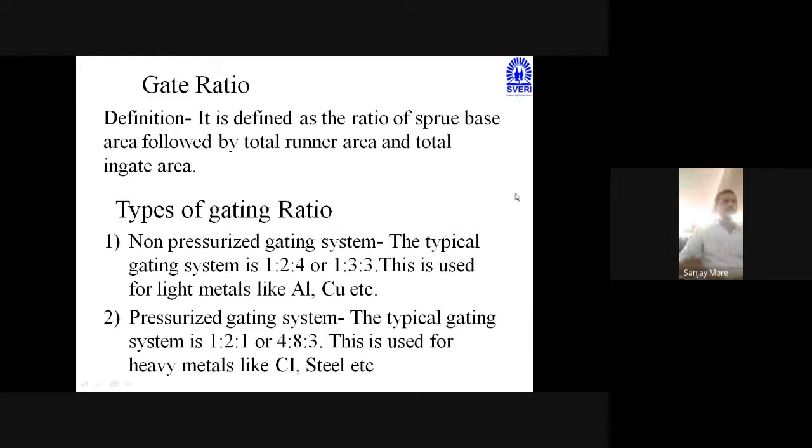Then give the heading gate ratio. So gate ratio totally depends on spur base area, total runner area and total ingate area.